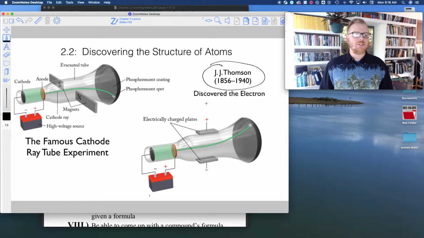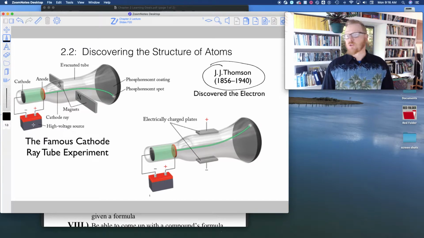So J.J. Thomson gave us the famous cathode ray tube experiment. And so the way this experiment went, he had this evacuated tube. And in this tube, of course, he had a cathode and an anode. If you take Chem 110 here, like all of you will, we'll really dive into the electrochemistry and what's going on here.